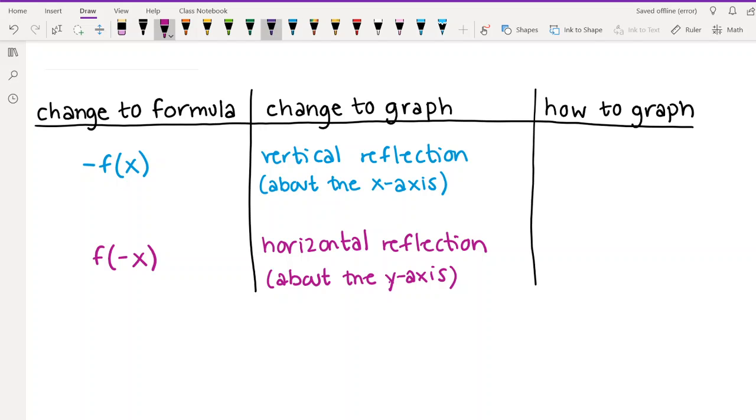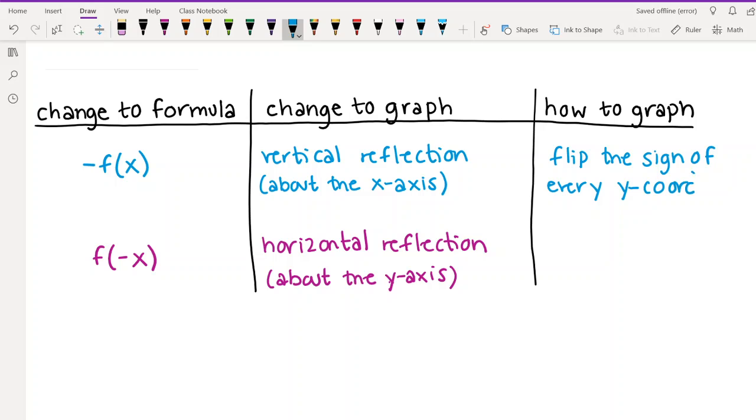Okay, so how do you actually do these on the graph? Well, what we saw is that when you do a vertical reflection, so when you're reflecting about the x-axis, basically what you're going to do is you're going to flip the sign of every y-coordinate.